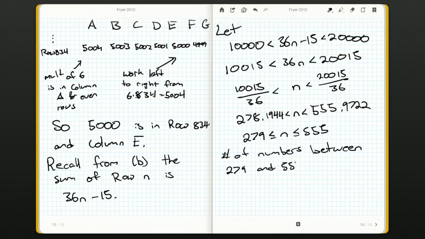So if we want the number of numbers between two given, like an a and b inclusive, we subtract off the smaller one from the bigger one, and then we add 1. So 555 minus 279 plus 1, that's 277.